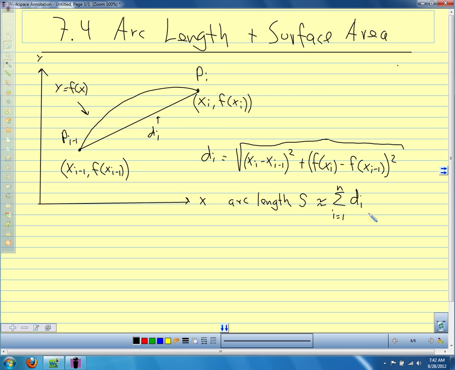Now we're going to look at this interval from x sub i minus 1 to x sub i. We're going to have to think back a little bit here.